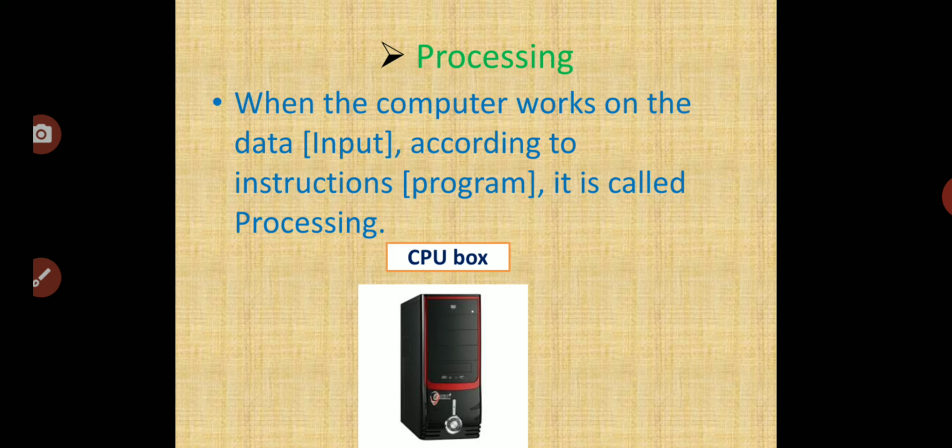Next, processing. When the computer works on the data, meaning input, according to the instruction, meaning program, it is called processing. Processing goes on in the CPU box. Okay, we take the example of input.